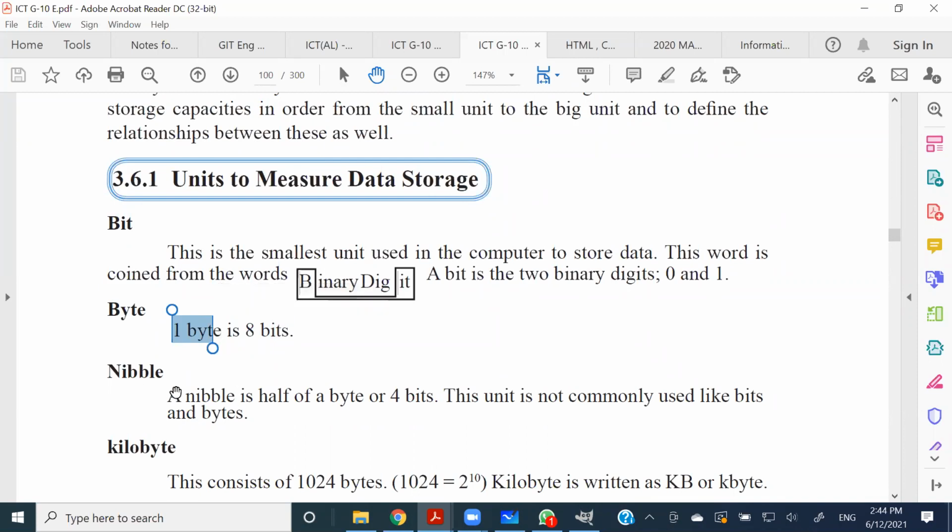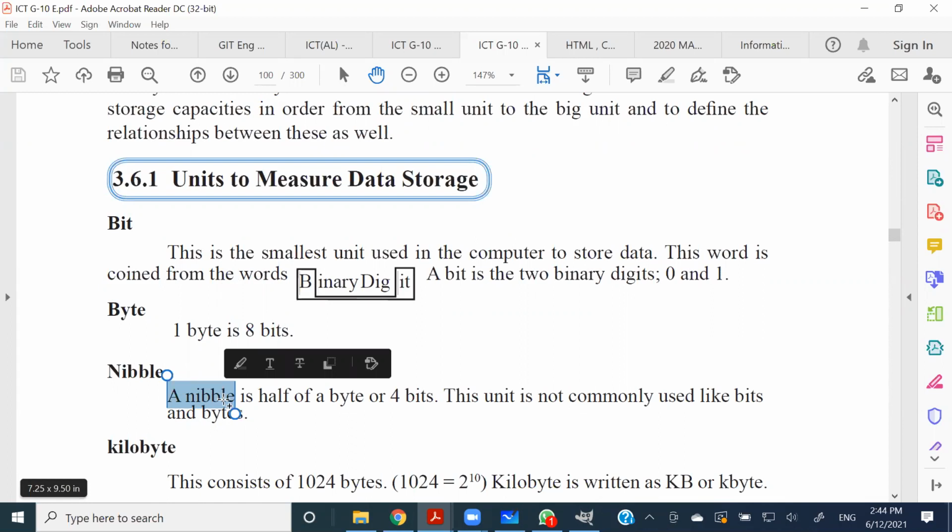And there is this term called nibble, which we use to indicate some of the characters, which is half of a byte, which means 4 bits. So once you take 4 bits together, we can call it a nibble, right?